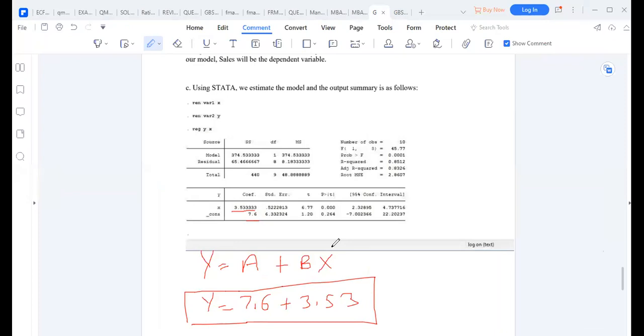That was Stata, and I also used SPSS to find those results as well. So on the interpretation, what I'm trying to say is we can interpret our data from the output that has been produced.